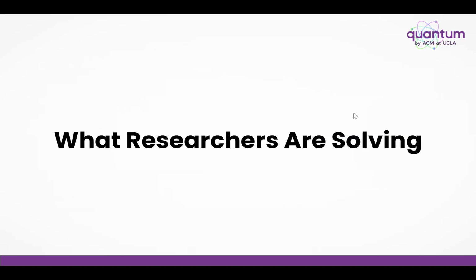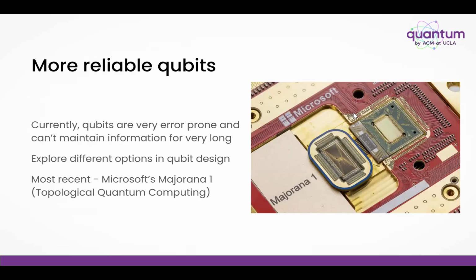And what are researchers currently solving today? So the most important thing is that, like I talked about previously, qubits are super error prone. Ion traps use the electromagnetic fields to keep them in place. Superconducting uses super cold temperatures to cool them, but even that most of the time is not enough. We still need to look into different ways to correct these errors. For example, Microsoft has their Majorana 1 project, which, like I talked about before, is the topological quantum computing.